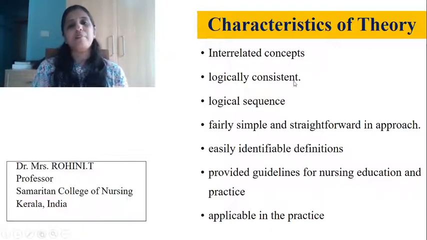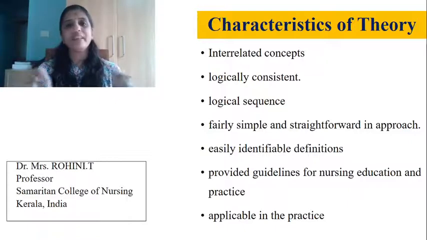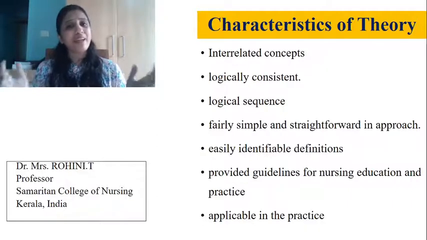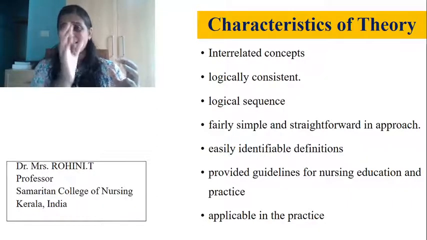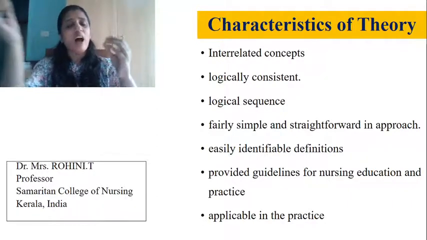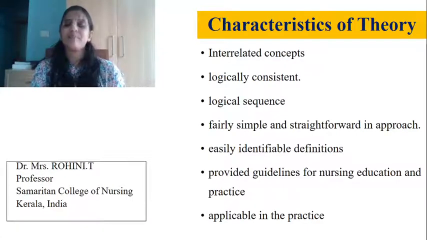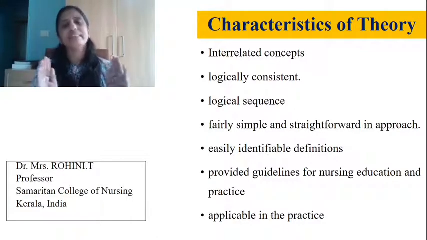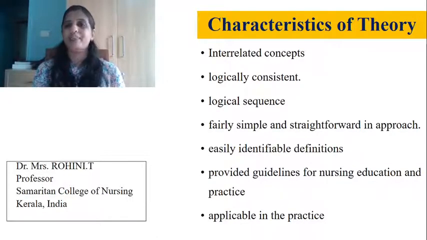For example, the first characteristic of a theory is that there should be interrelated concepts. In Betty Neuman's theory, Neuman has beautifully interrelated the concepts. Neuman has told what is a client, what are the 3 lines, what is the stressor, how it is affecting, how the reaction comes. Wonderfully, there is an interrelationship of concepts. So Neuman's theory is satisfying the characteristics of a theory.